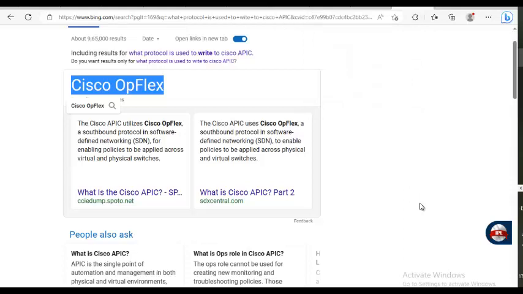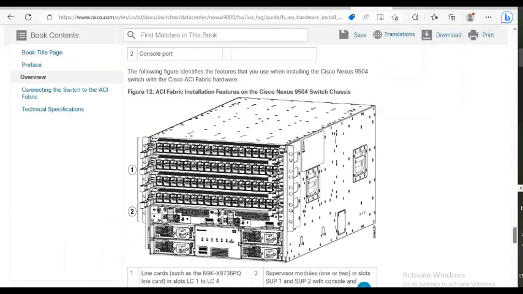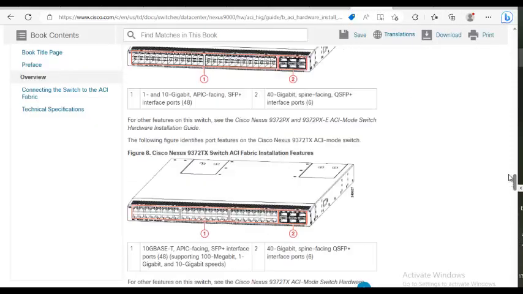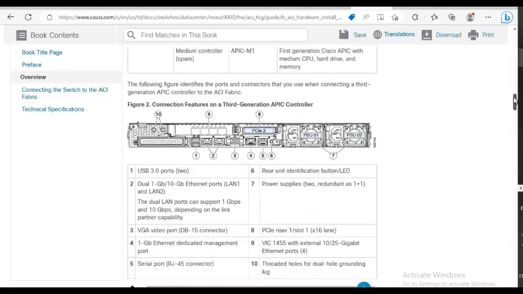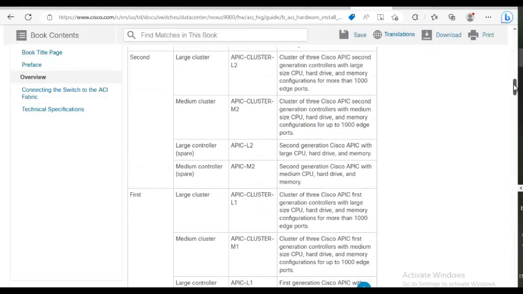The third generation, M3 or L3, is written into UCS 220 M5 servers. The second generation, M2 or L2, is written into 220 M4 server. Those things we saw here in this page. This page here it is written.